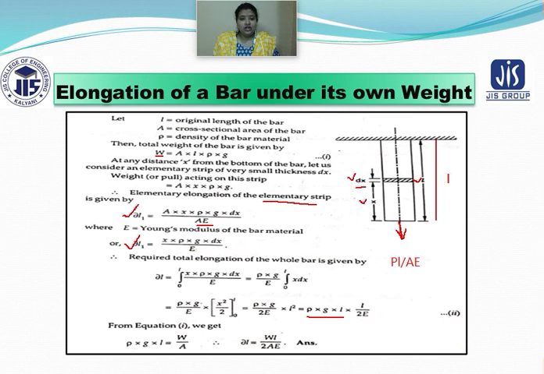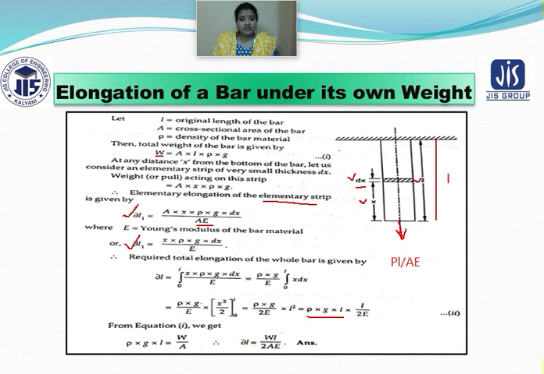And for elongation of a bar under its own weight, if you have gone through the content, you have got a different value, that is del L is equal to W into L by 2 into A into E. In every situation, everything is totally different. So change in length is W into L by 2 into A into E, whereas for the elongation of the bar it is P into L by A into E.